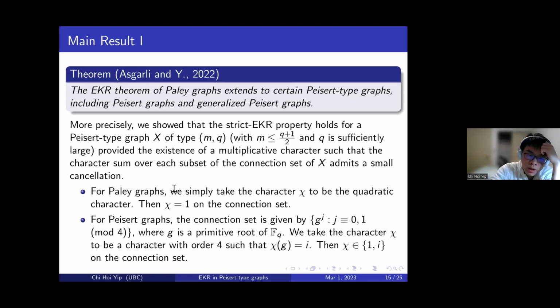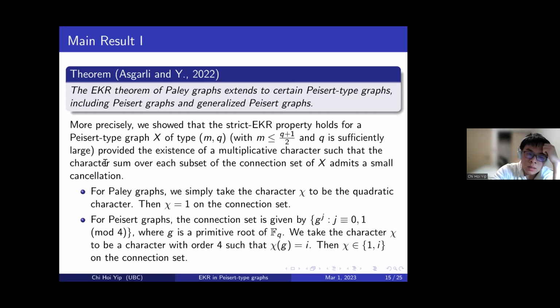So for Paley graphs, we just take this multiplicative character chi to be the quadratic character. Then, because the connection set of Paley graph is given by the set of squares, chi is identically equal to 1 on the connection set.